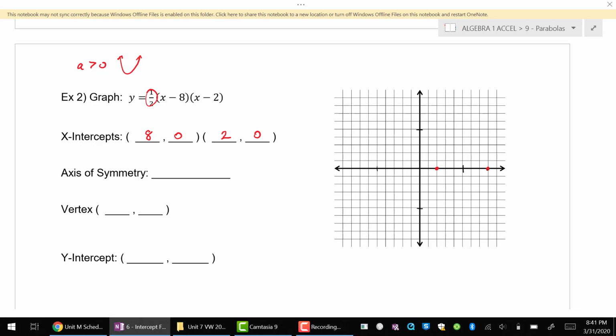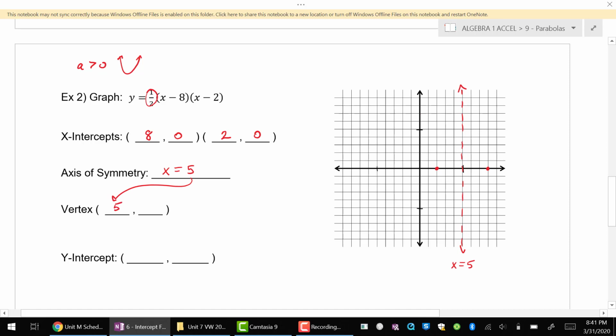So let's draw a vertical dashed line right there through x equals 5. There's my axis of symmetry. It's the halfway point between 8 and 2. So I can put the 5 right in here as well. It's the x-coordinate of the vertex.